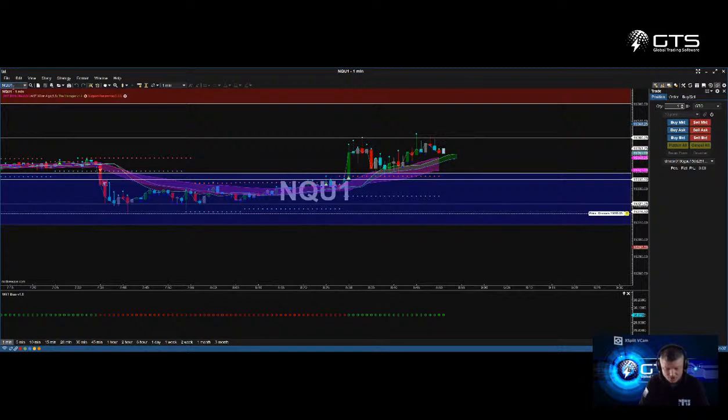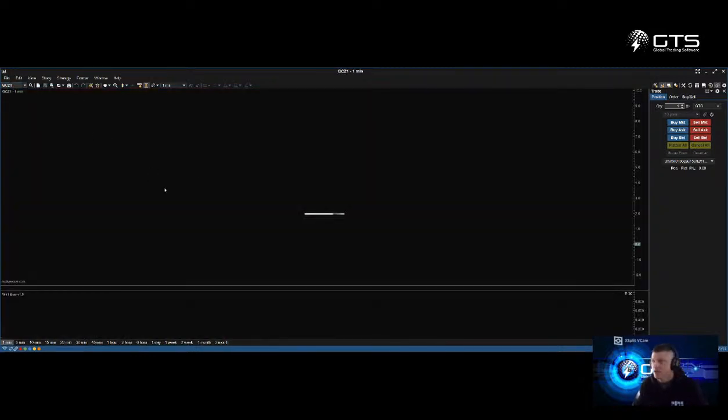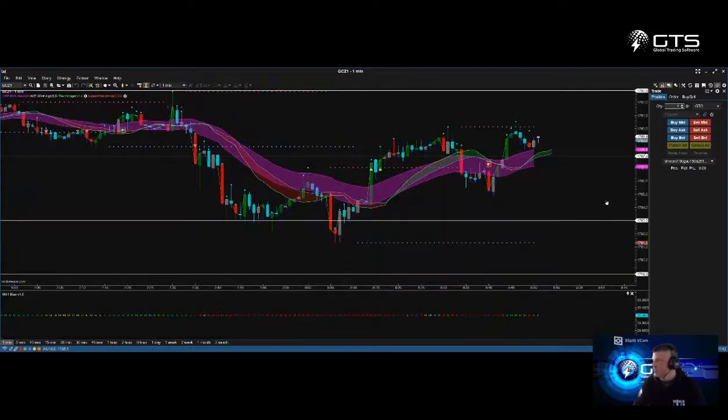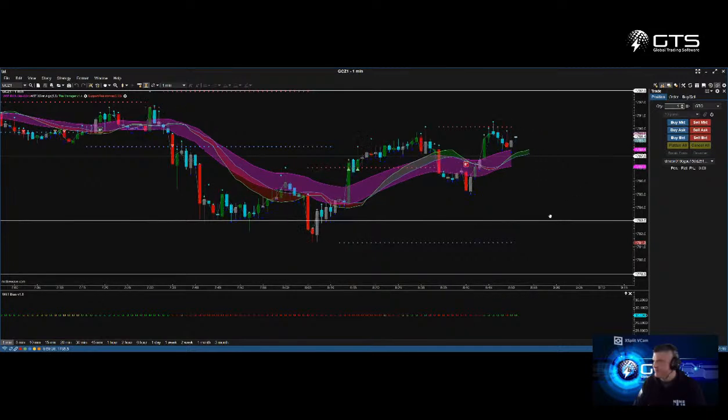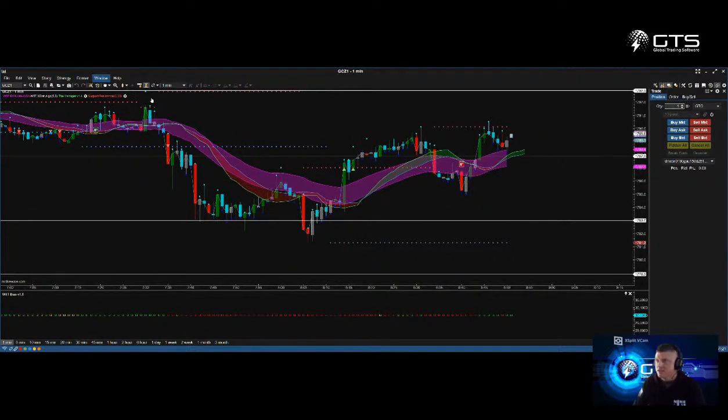We will check on gold first. Let's ease over here. And did we break out the top side of that range? Nope, not yet. Here's the open. Here's the opening range, here to here.